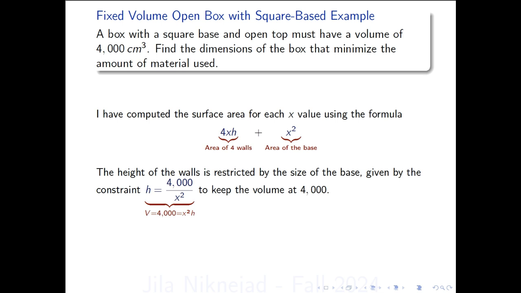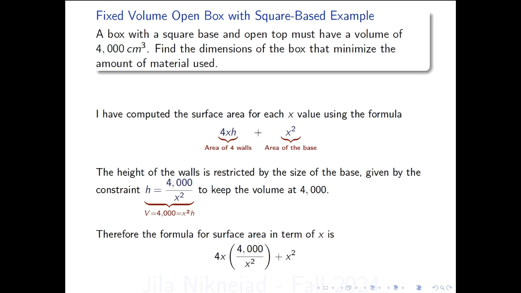Now, the height of the walls is restricted by the size of the base given by the constraint h equal to 4,000, which is the volume, divided by x squared. Why? Because volume is equal to 4,000, and that's equal to x squared times h.